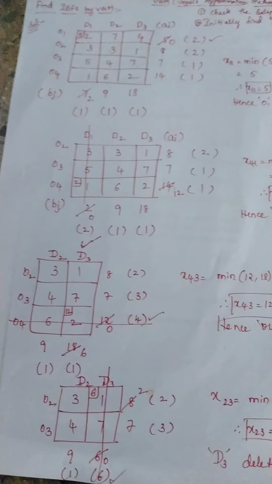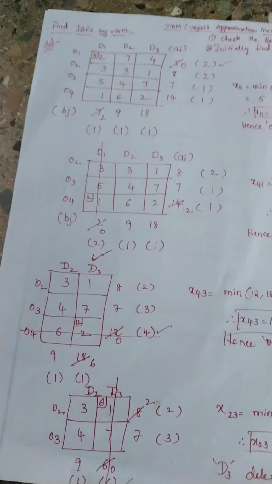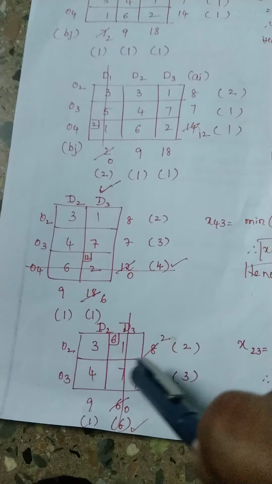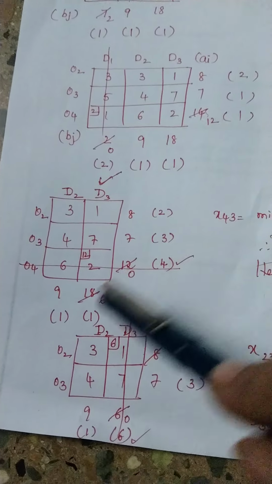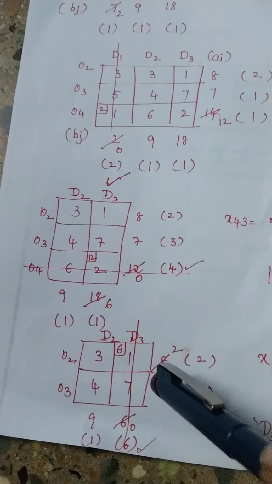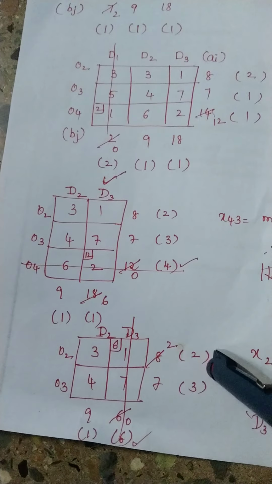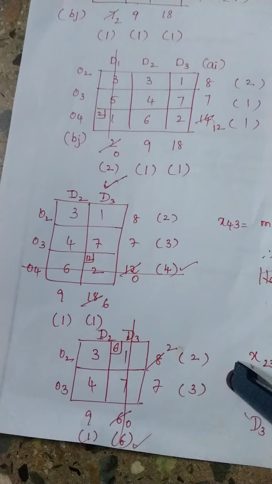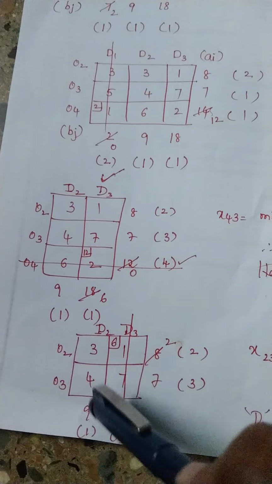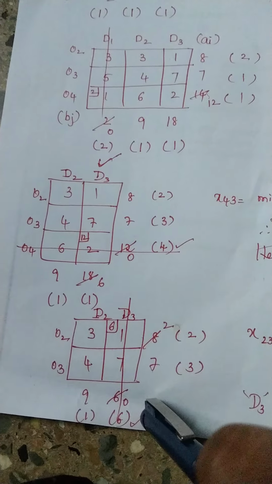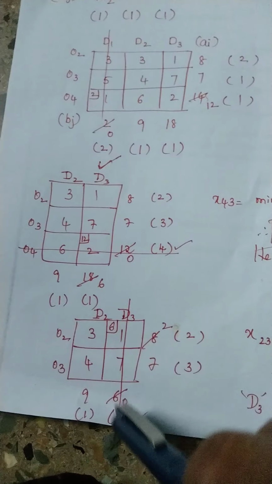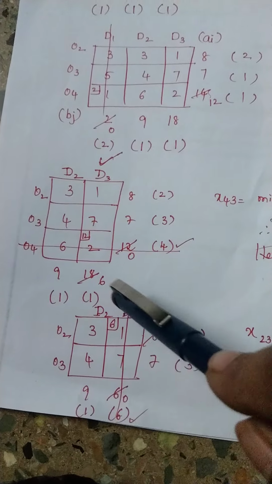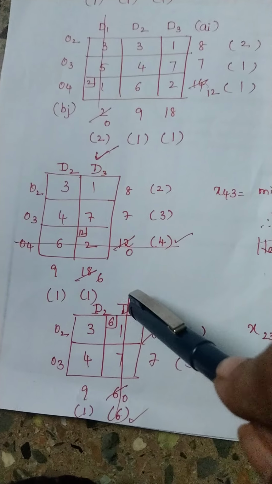Now, the remaining matrix we write here, that is 3, 1, 4, 7. So 3 minus 1 is 2, and 7 minus 4 is 3. And here this will not change, that is 1, 1, 1, and 7 minus 1 is 6. The highest penalty is 6, corresponding to the destination D3.